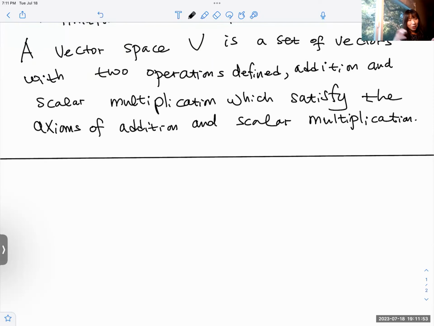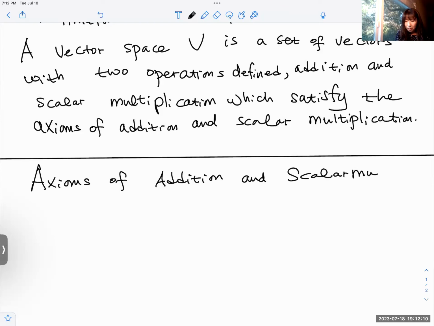I'm going to combine the axioms of addition and scalar multiplication.